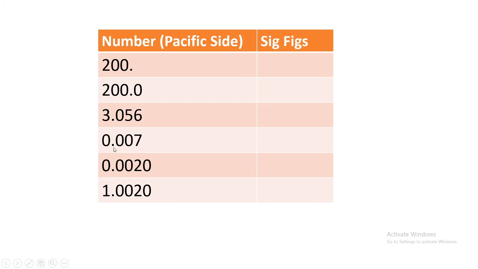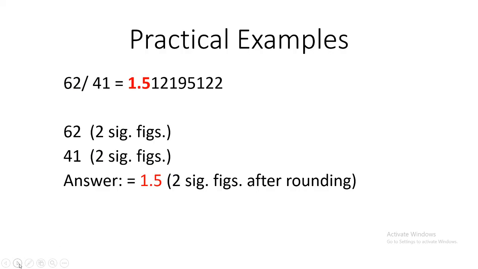You have a decimal here, but your first non-zero number is a 7. So you got 1 significant figure here. You have 2 significant figures here. You don't count the zeros, and then your first non-zero number is 1, so all of these count. So this is 5 significant figures.